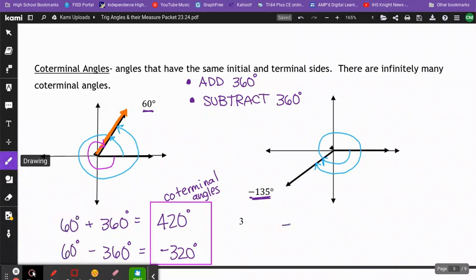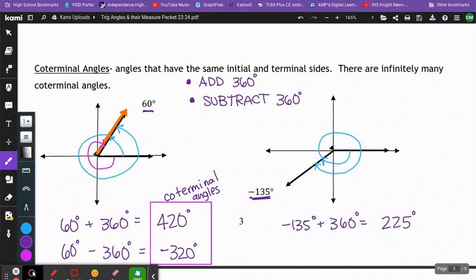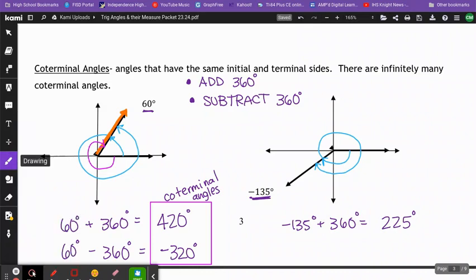So I would do negative 135 plus 360. And also I could then get to that same terminal side by starting at my initial side and going the other direction, going in the positive direction there, basically. So negative 135 minus 360, and I get negative 495.